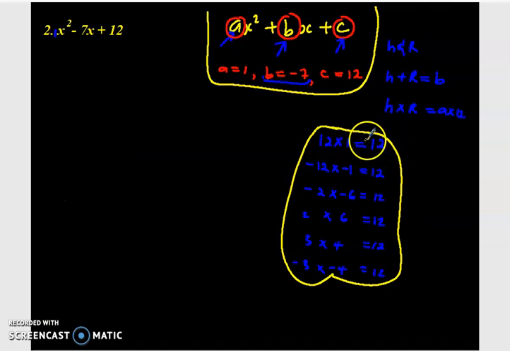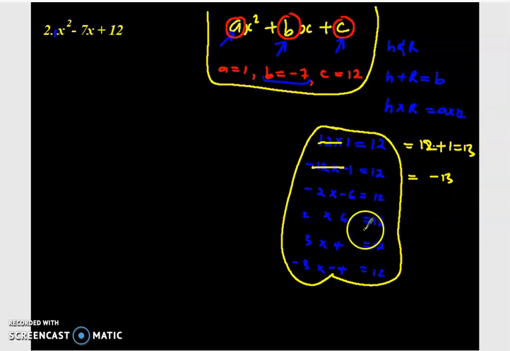Let's look through this now. I won't do all of them though. If you add 12 plus 1, that would give you 13, so that's not it. If you add 12 plus minus 1, that would give you minus 13, not the pair of numbers. We're going to skip some of these. Let's look at negative 3 times negative 4.